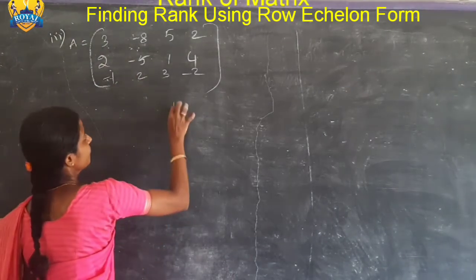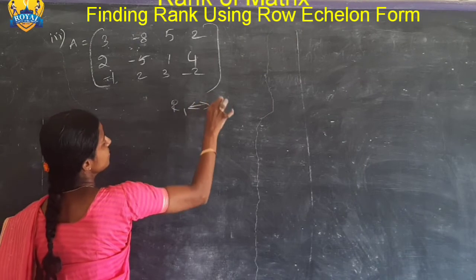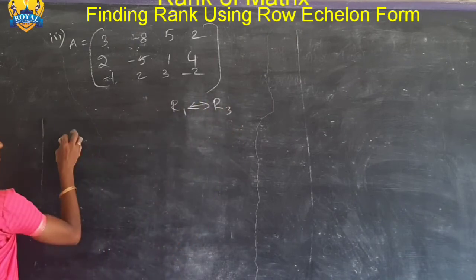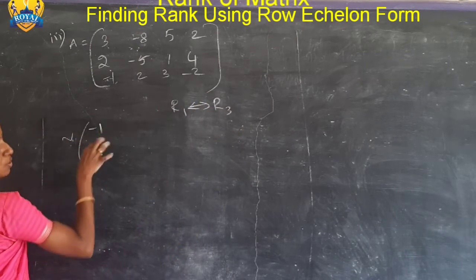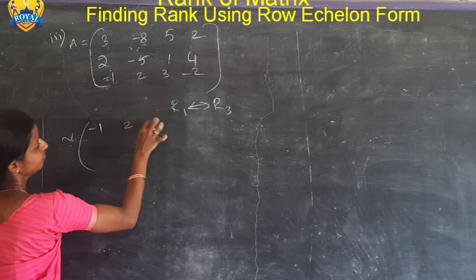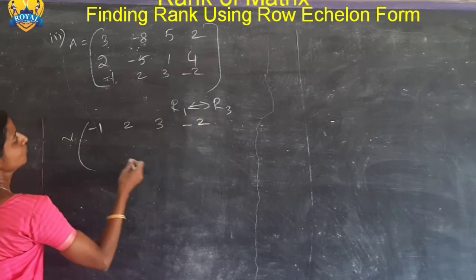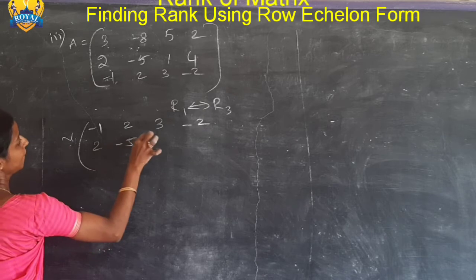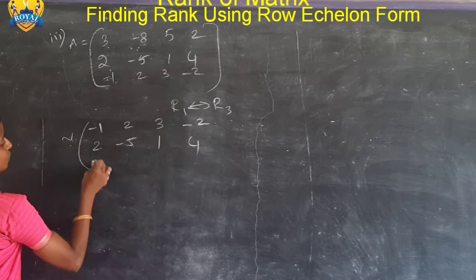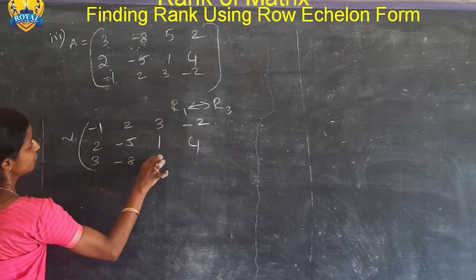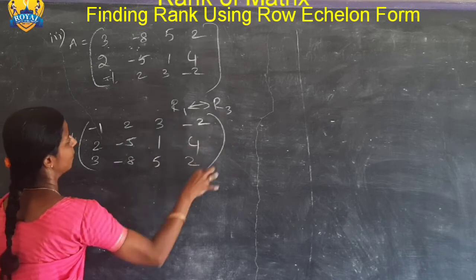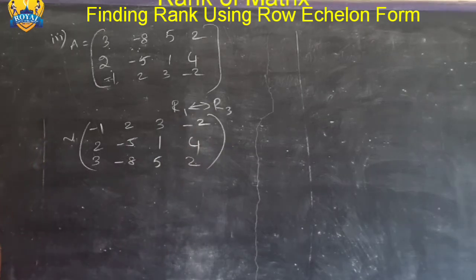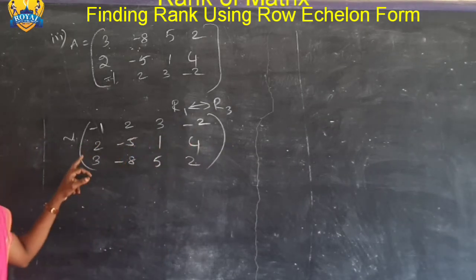I am going to interchange R1 and R3. So my matrix becomes, row 3 becomes row 1. So minus 1, 2, 3 minus 2, 2 minus 5, 1, 4, 3 minus 8, 5, 2.